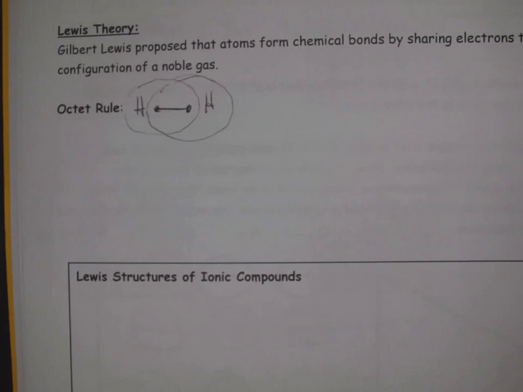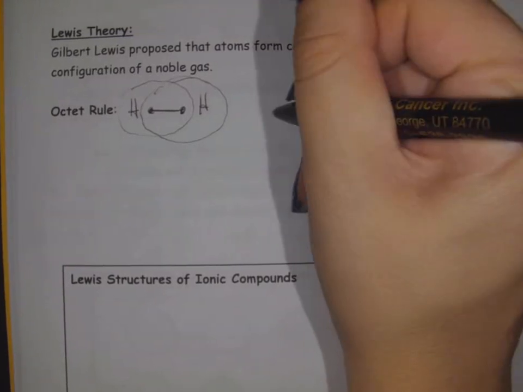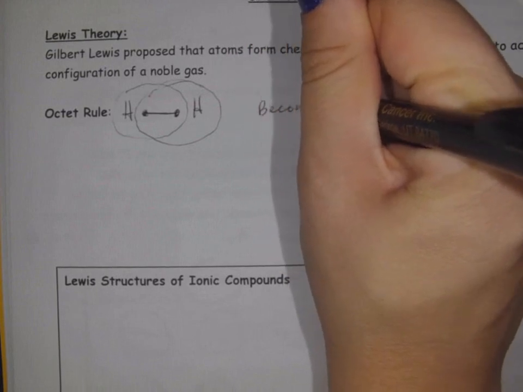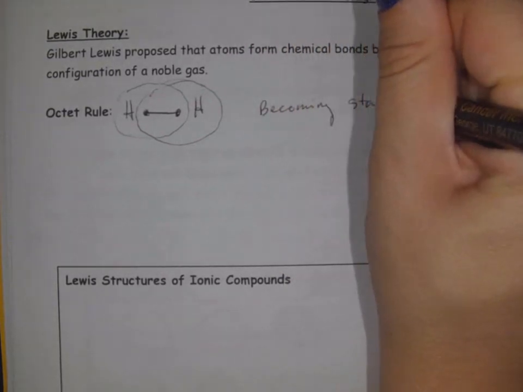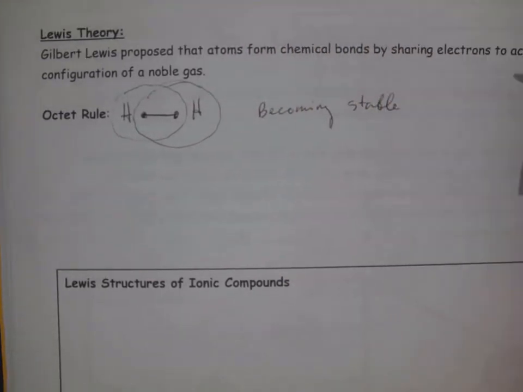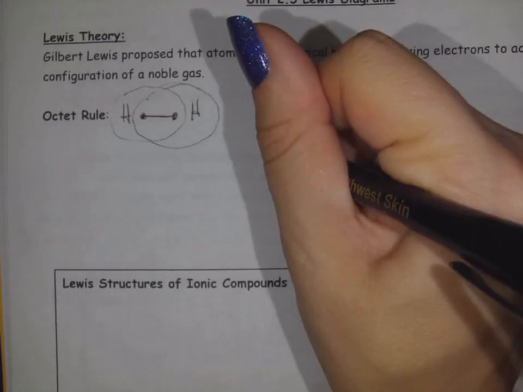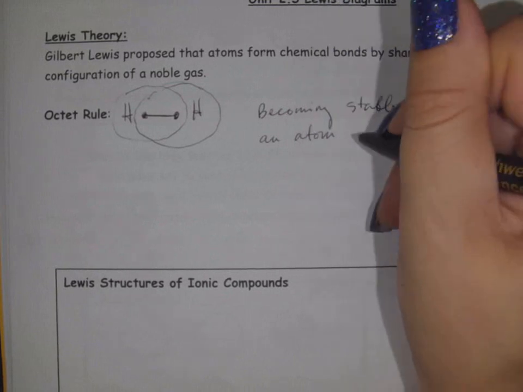Okay, so the octet rule: becoming stable when an atom has 8 valence electrons.